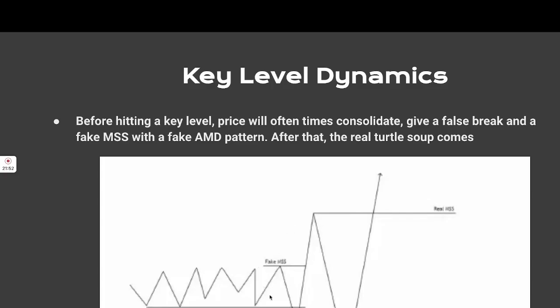Everybody is bullish. All ICT traders are bullish. Stopped everyone out. Turtle soup the low into a key level, entry at the key level, stop loss at the low of the key level. Let's say it's a PD array, stop loss at the low of the PD array, targeting where? The EQ and then range high. Do not get caught trying to trade a fake turtle soup or a fake market structure shift.